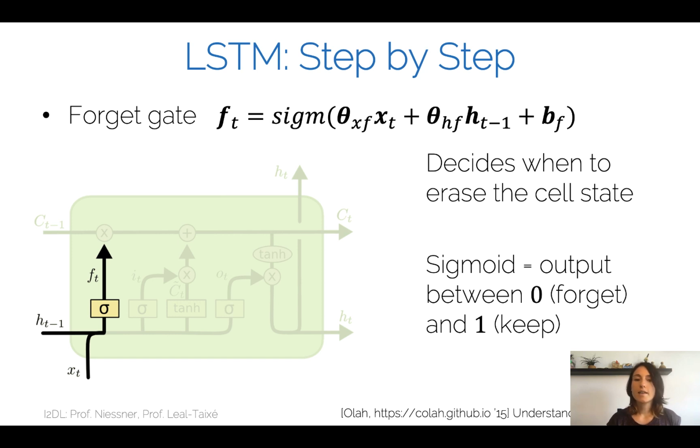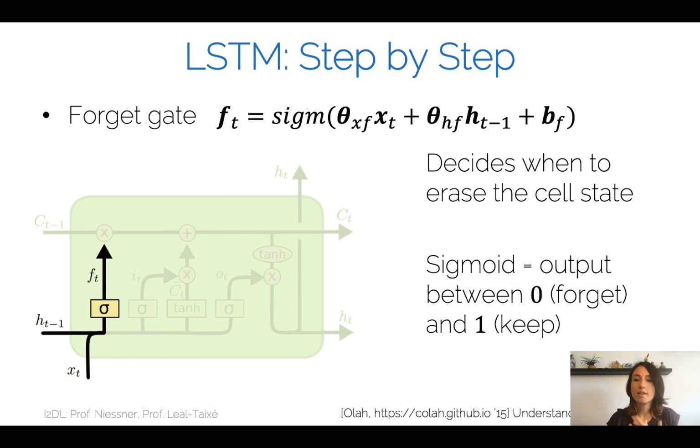And this means that if the forget gate outputs 0, it's telling the cell state to forget about the information coming from the previous time step. And if it outputs a 1, it's asking the cell state to keep the information. And how does the forget gate decide whether the information should be forgotten or kept?